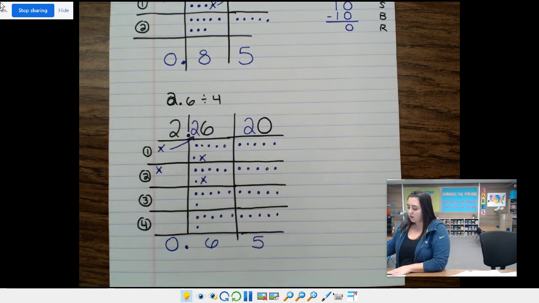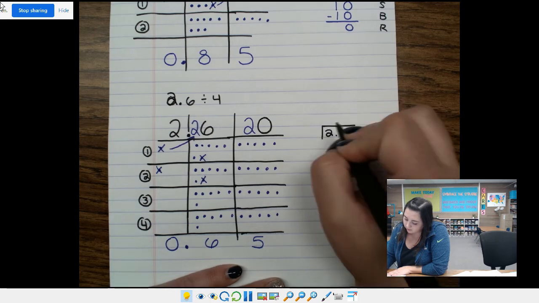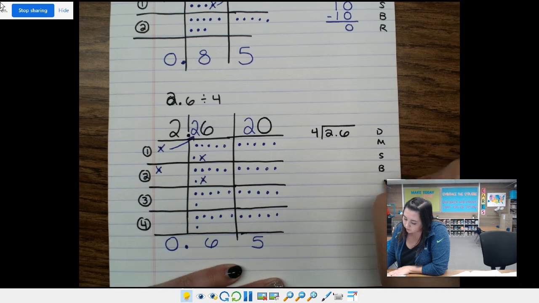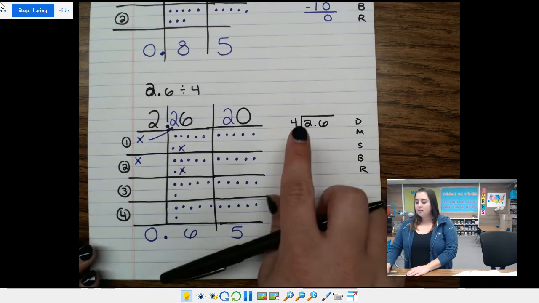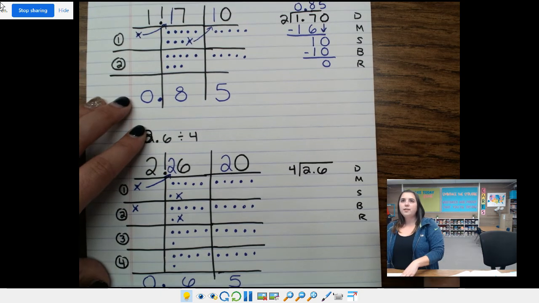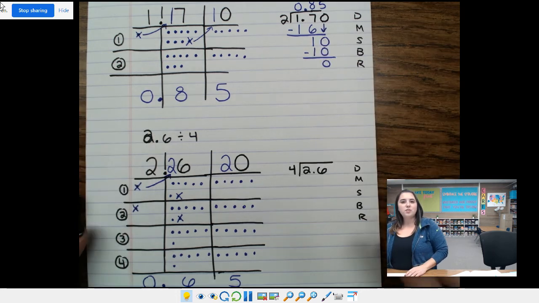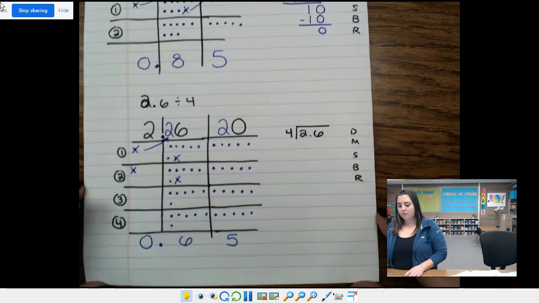Let's check using long division. 2.6 divided by 4. Dad, mom, sister, brother, Rover. Why don't you pause, try and solve, remembering what we did up above when we had nothing to bring down, but we had a 1 here. What did we do?